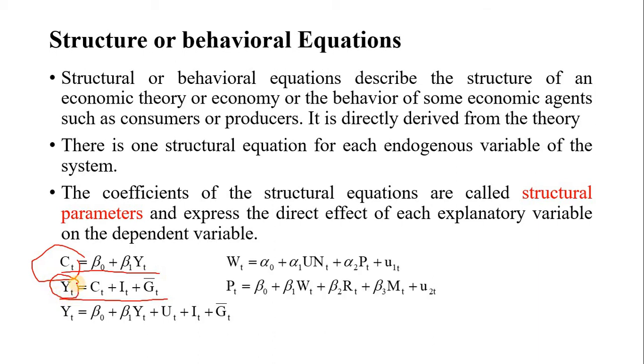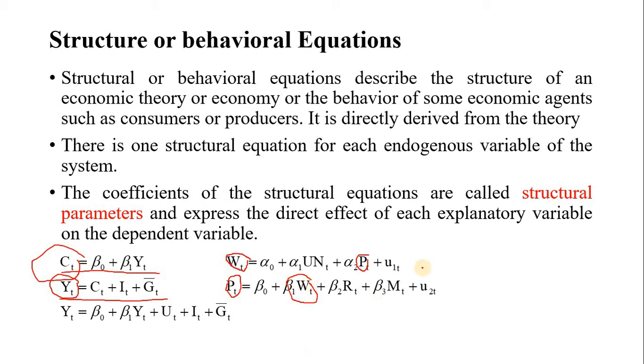Look at the second example. Wt, wage, is equal to alpha 0 plus alpha 1 UN, that means unemployment, plus alpha 2 price level plus u1t. Look at these equations. This W is appearing here and here. This P is appearing here as the dependent variable, and here W is appearing as an independent variable. So Wt and P are two mutually interdependent or interconnected variables.